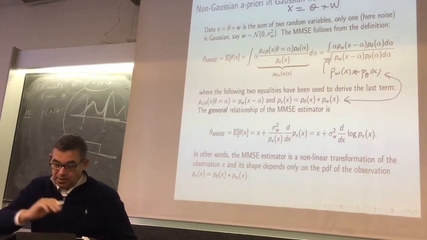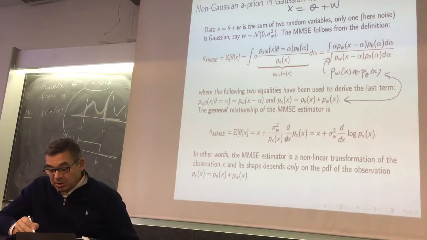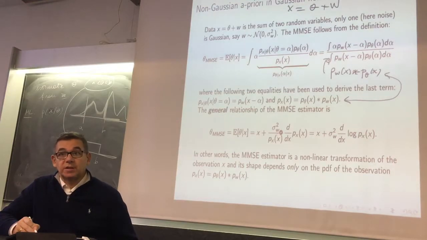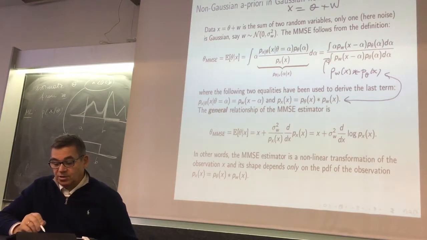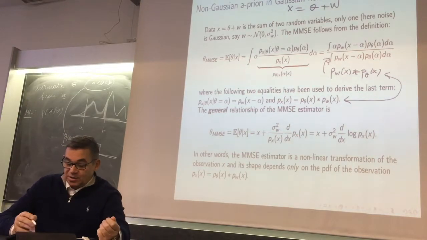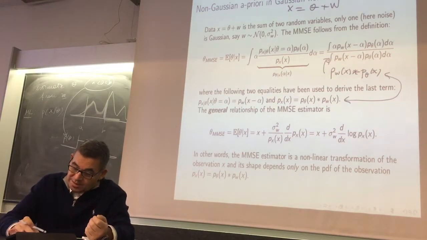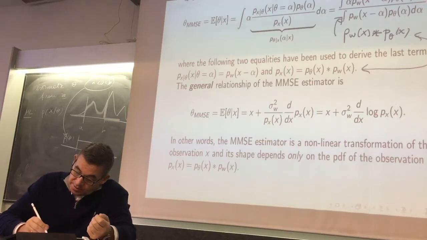What comes out is the following: the MMSE is equal to x plus this strange derivative with respect to x of the probability density function of x. Very strange. So let me write it in a more extensive way.